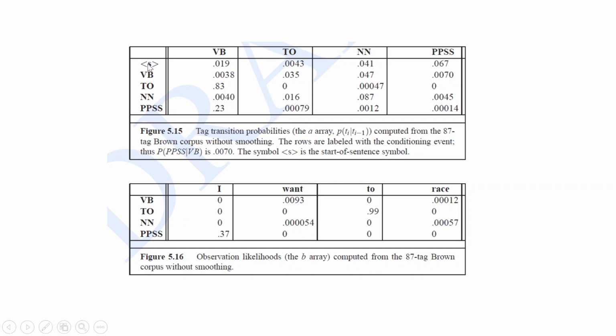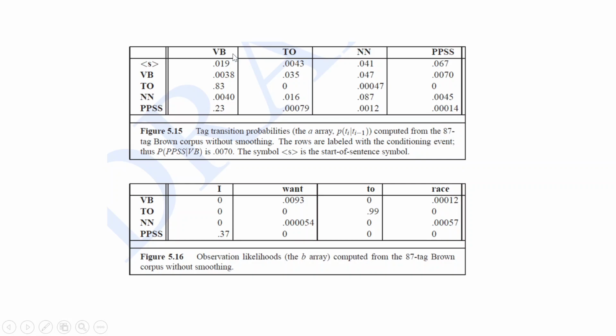From the start state to the state VB, or verb, what is the transition probability? Or from one tag to the tag verb, what is the probability? All that information is obtained from a corpus, which is available with us.